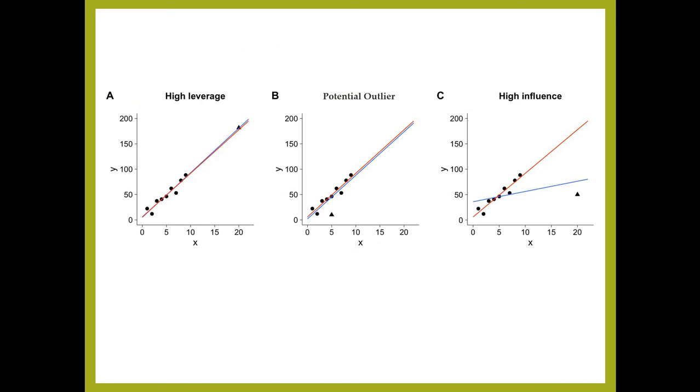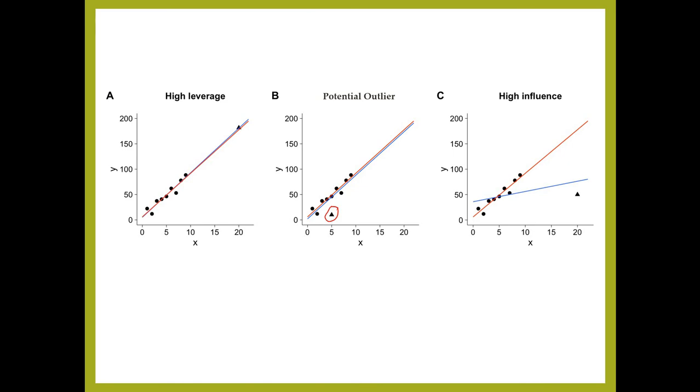So here is a picture. A is a high leverage point because it's extreme in the X direction, but it's not influential because the slope changes very little with and without that point. Now in B, this triangle is an outlier because based on its X value, it shouldn't be that low on the Y value.